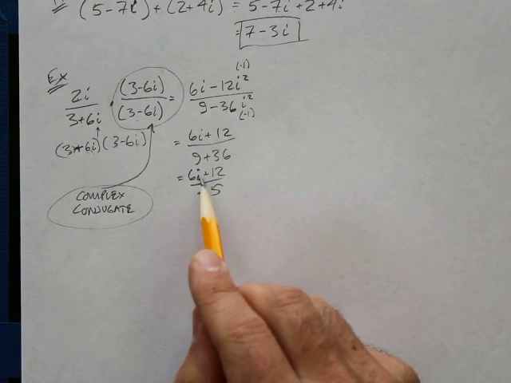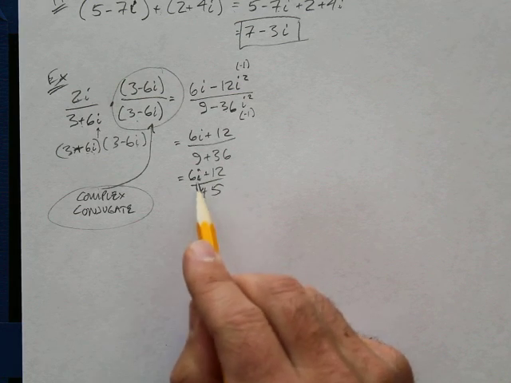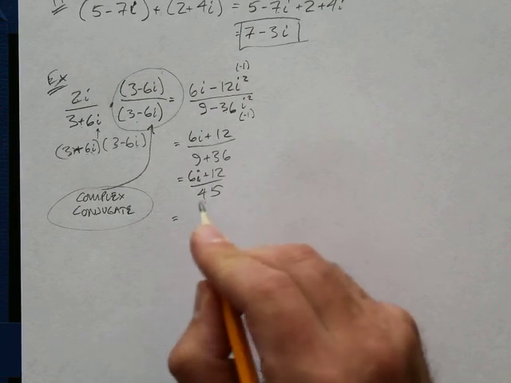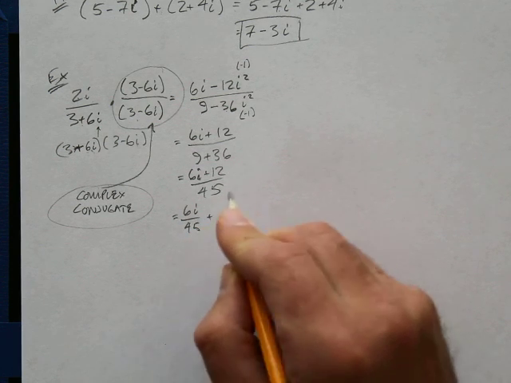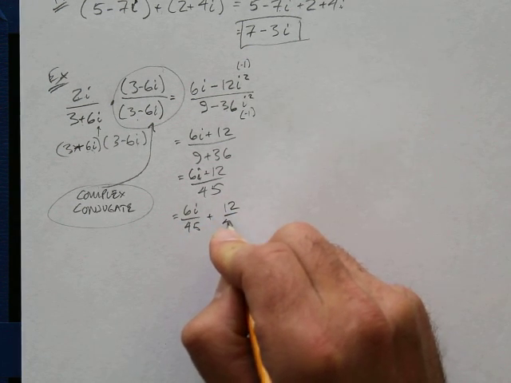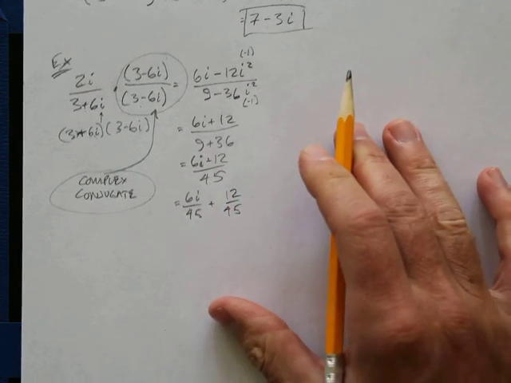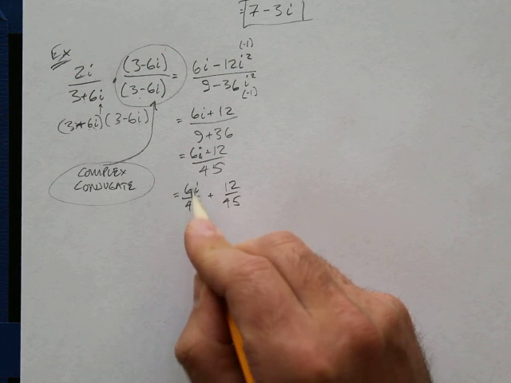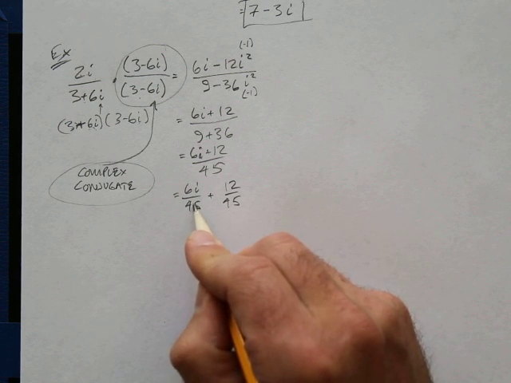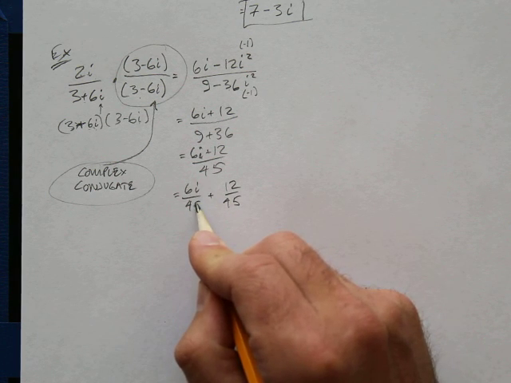So what we want to do is simplify this even further. And so what we're going to do is say 6i over 45 plus 12 over 45. We're going to see what factors are common in both 6 and 45.